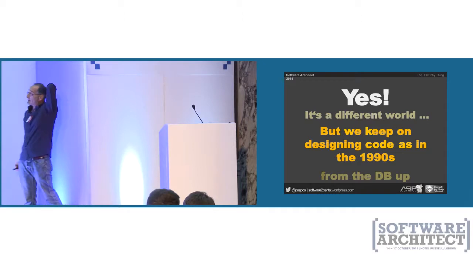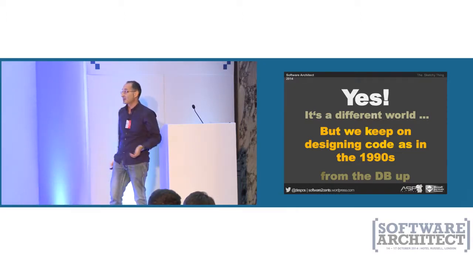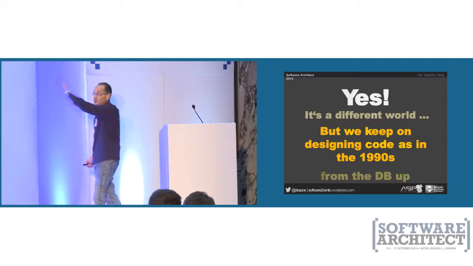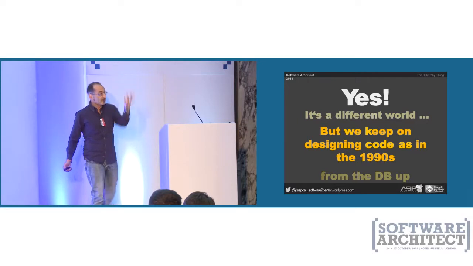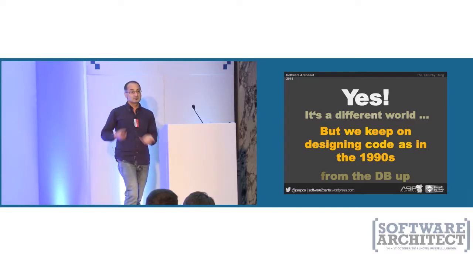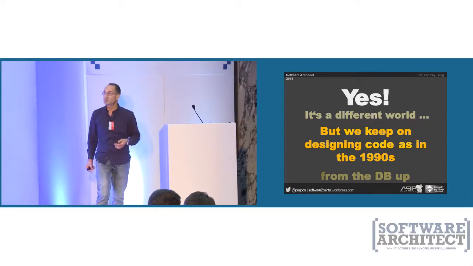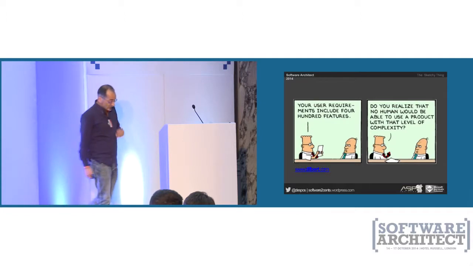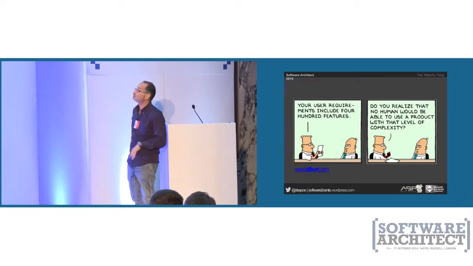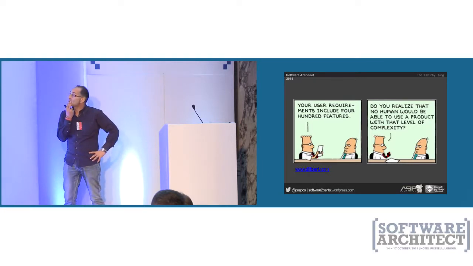It's a different world, but we keep on designing code as we were in the 90s, from the database up. You can agree or disagree with this. But this is the foundation for the common sense UX-first design methodology that I'm going to introduce now. So, relax for a few moments.